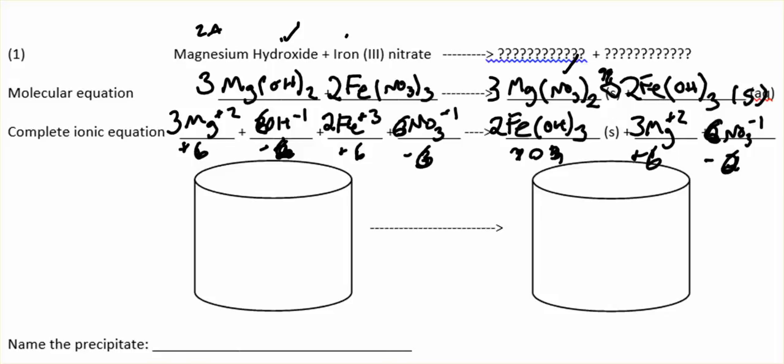Now we want to be able to represent this with a drawing. So the way that we're going to do that is I'm just going to draw in some water, and I'm going to have 3 Mg 2 plus. I'm also going to have 6 OHs.